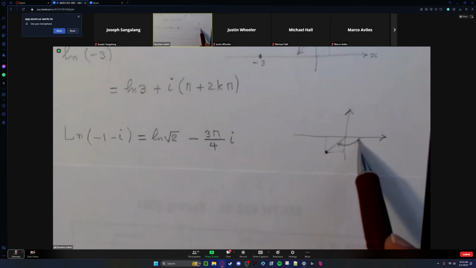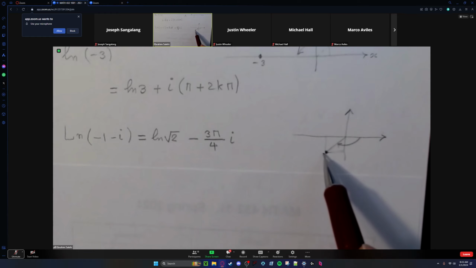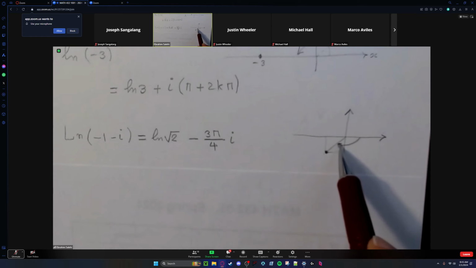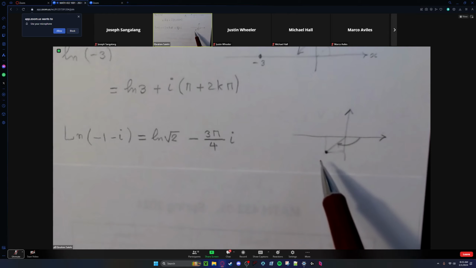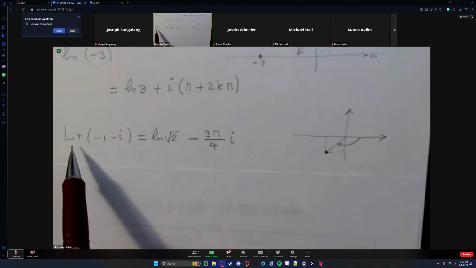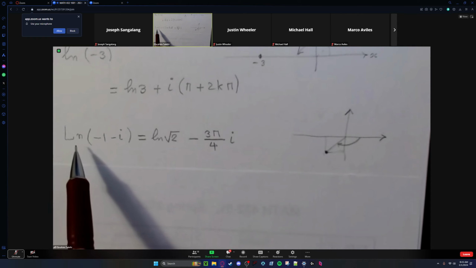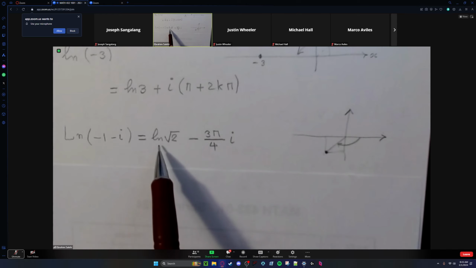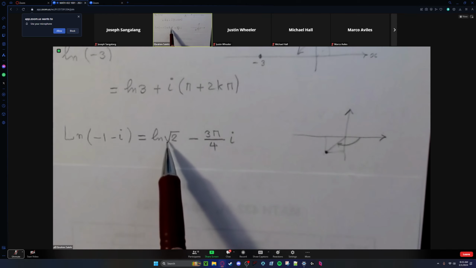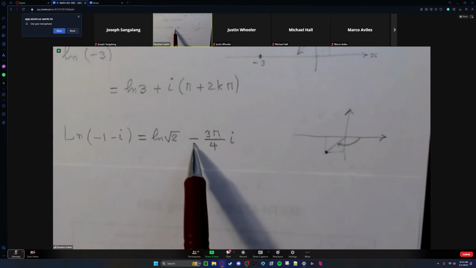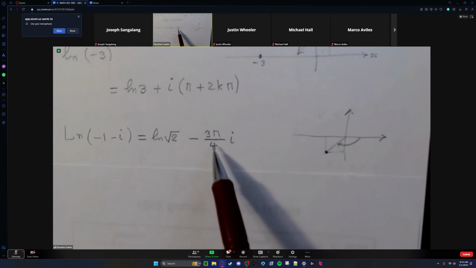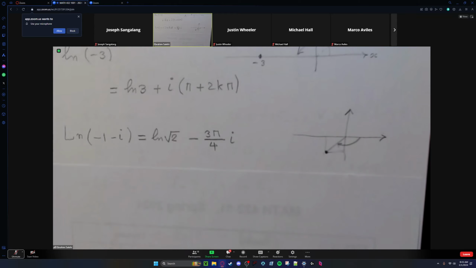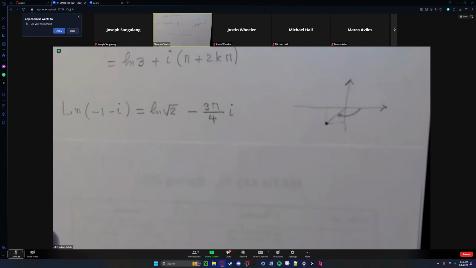The principal argument is -3π/4 from here to here. Its modulus is the square root of 2. So the principal value of Log of -1 - i is the natural log of the square root of 2 plus iθ, and θ in this case is -3π/4. Okay, good.